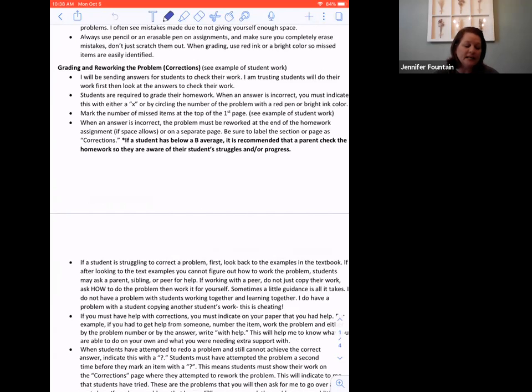So it says, I'll be sending answers for homework checks, okay? Along with the email that I sent yesterday, I sent the answers for the homework that we were assigned on Thursday. One of the things I realized was that when I gave you that assignment and said it's due October 12th, I think we said, was that Monday?